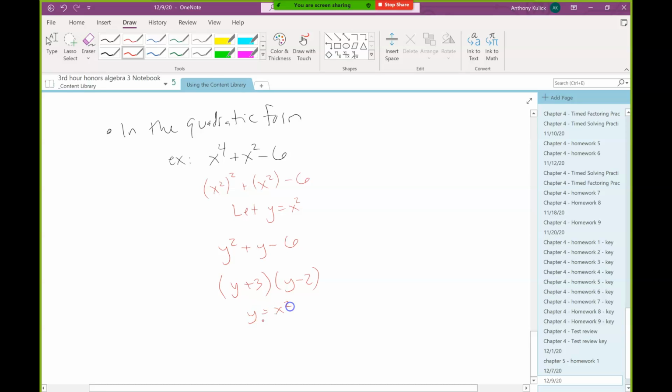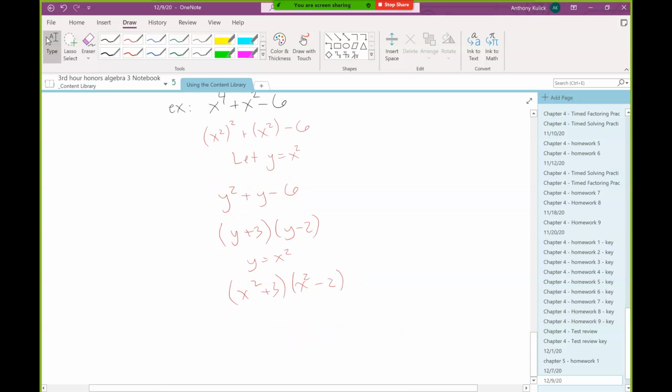So we remember y is equal to x squared. And then we would just need to check to see if these could factor anymore. The first one obviously doesn't because it's x squared and with an addition. The second one doesn't either because it's x squared minus, but it's not a perfect square. So this is as far as we could go.